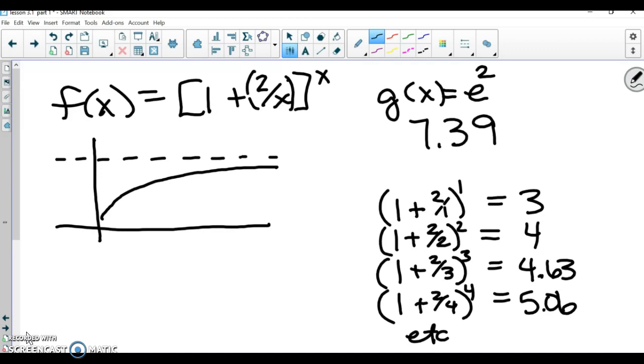We've rounded that off. I didn't show a table, but I plugged in the values, allowing x to be 1, 2, 3, and 4. Substituting that value in for x in our f of x function, we can see the growth start to happen.